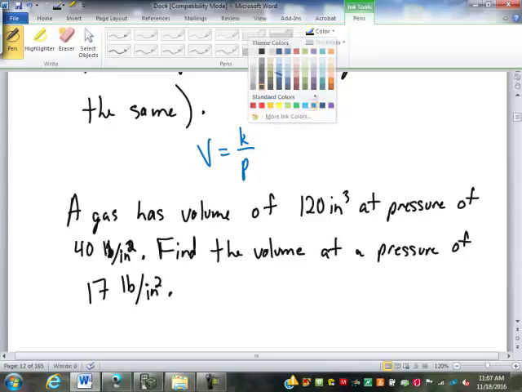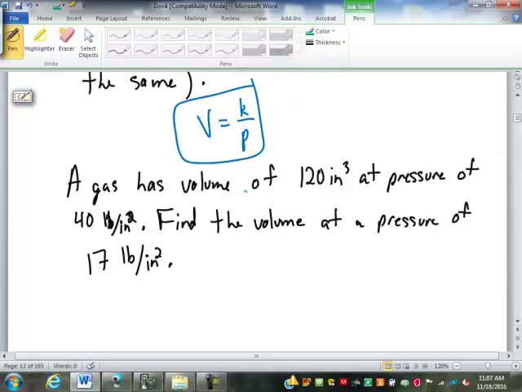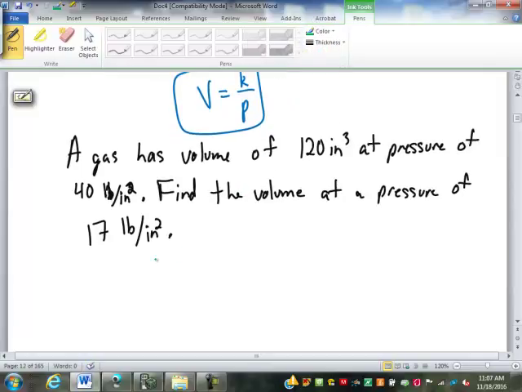So again, we know the relationship between volume and pressure is V equals K over P. So we don't have to be told that there's an inverse relationship. We might be told, though, that the volume is 120 when the pressure is 40.